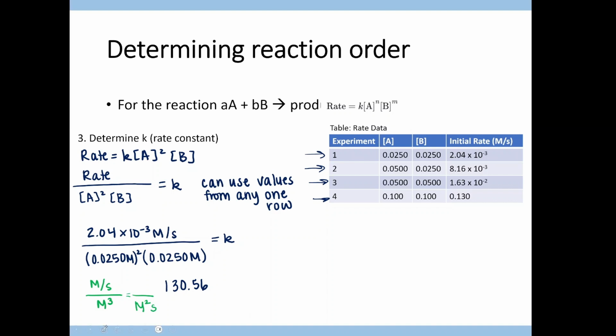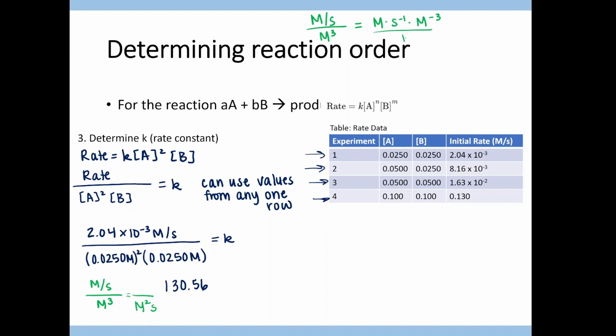Another way to think about this, I'll do this in the top right corner. If we have molarity per second divided by molarity cubed, this is equal to molarity times second to the negative first power times molarity to the negative third power. If you keep it in the numerator, all of this would be over 1.